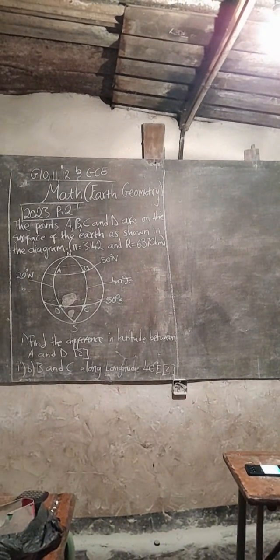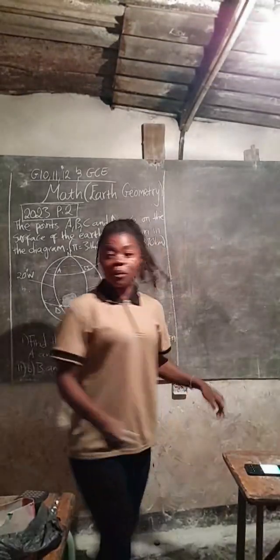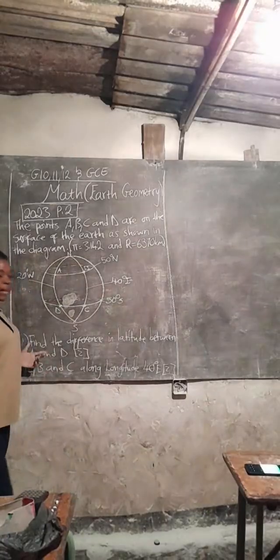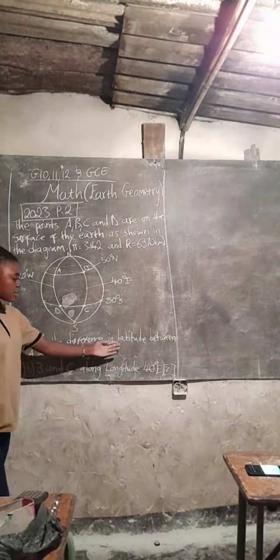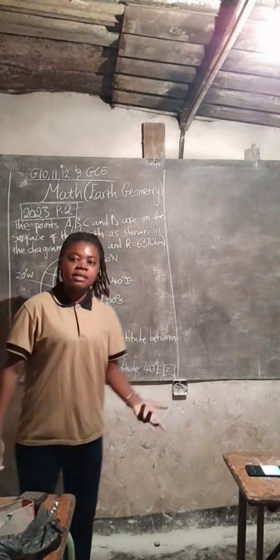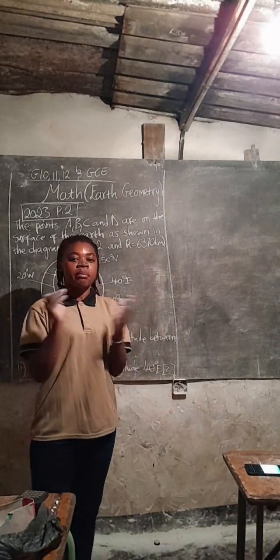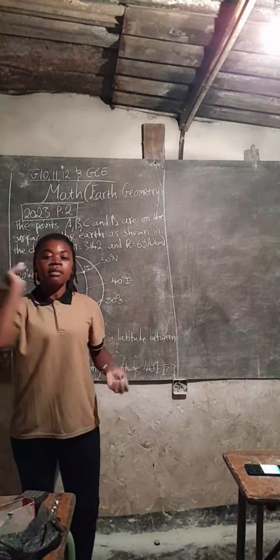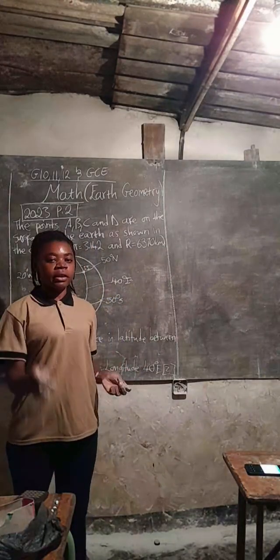So there's the board. For the sake of the grade 10s, I will be explaining step by step. If they ask you to find the difference in latitude or longitude between given points, the first thing you do is locate the position of those points.